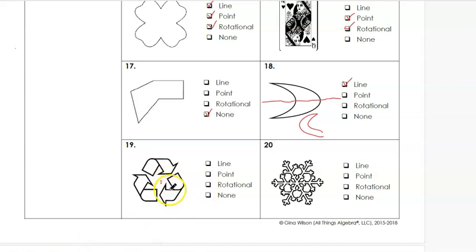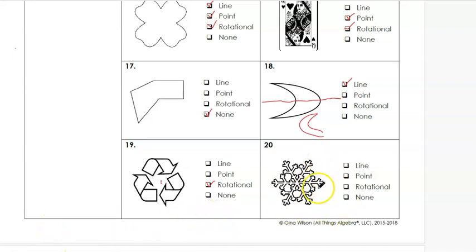However, if we move a smaller degree measure, say 90 degrees or something less than 180, there is a way to turn this a degree measure less than 360 and cause this little piece to come up here and they all just replace each other. So I could turn this a degree measure less than 360 and cause these separate three pieces to replace each other, and that would mean that this one just has rotational symmetry.